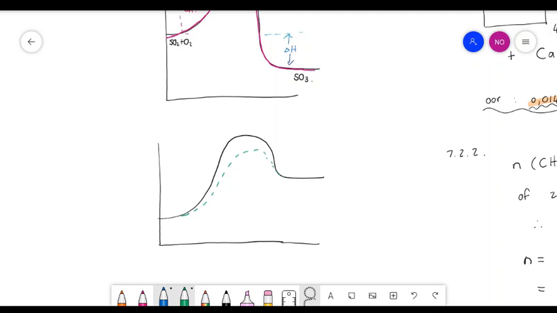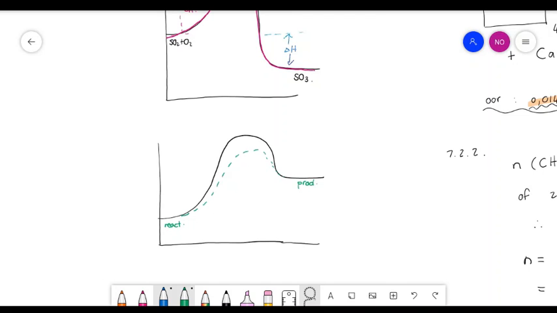Wat noem ons dit? Activeringsenergie. That's the only thing that actually changes. Do you guys see the products is here? No, I'm lying. This is the products. None of that changed.